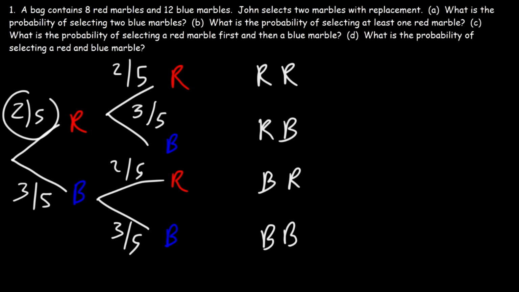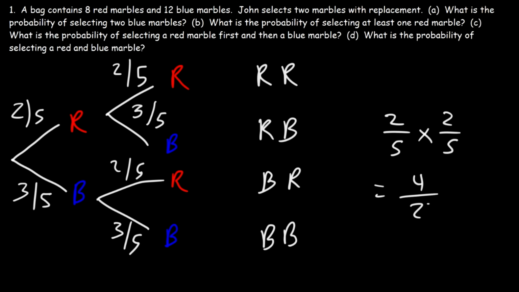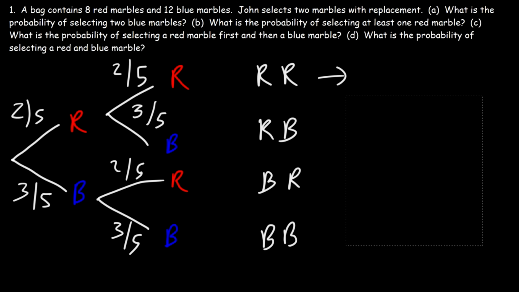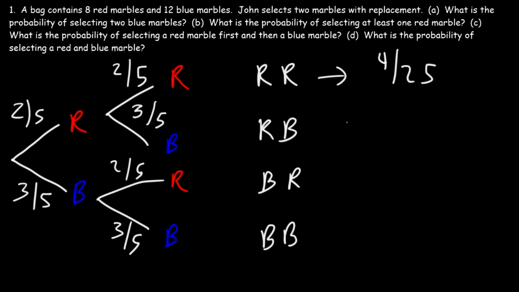So we need to multiply these two numbers. 2 over 5 times 2 over 5, that's going to give us 4 over 25. So the probability of selecting a red marble and then another red marble is going to be 4 over 25.